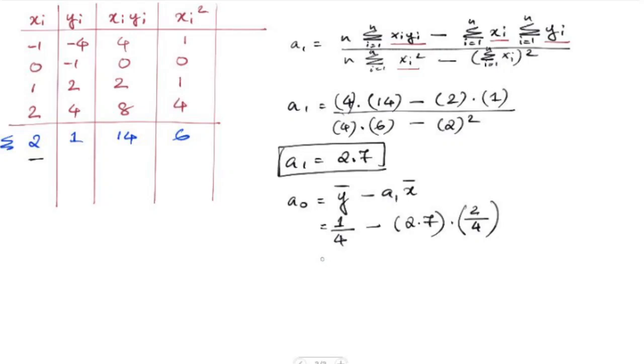And if you solve this, you will get for a0 the value -1.1.